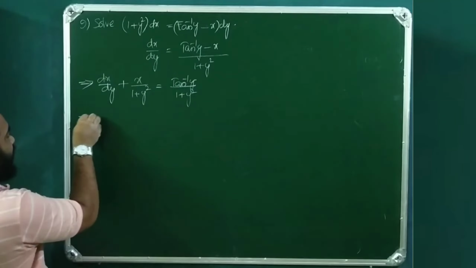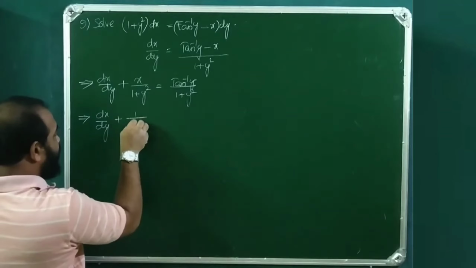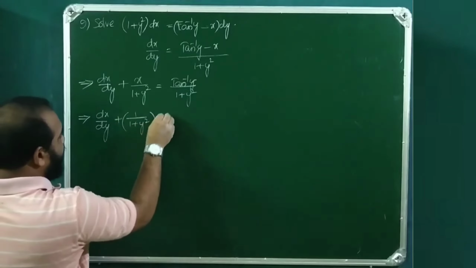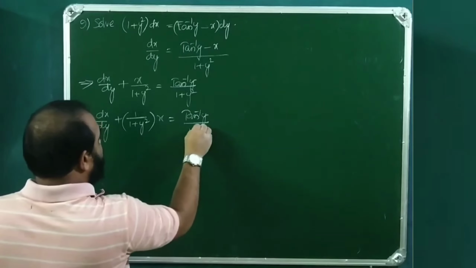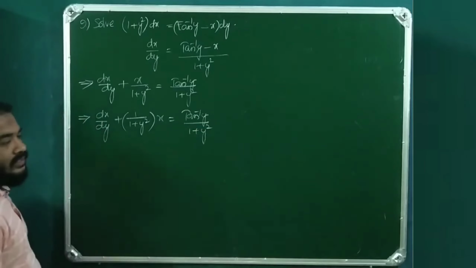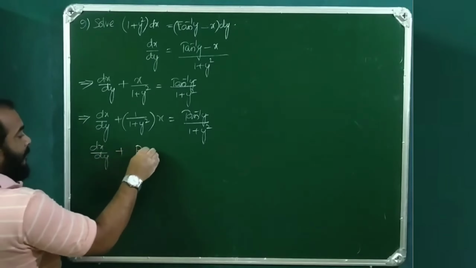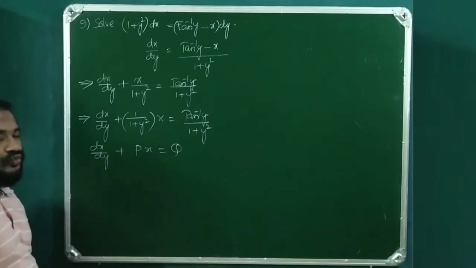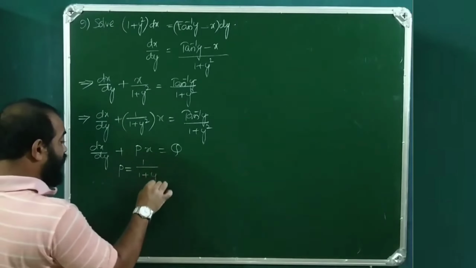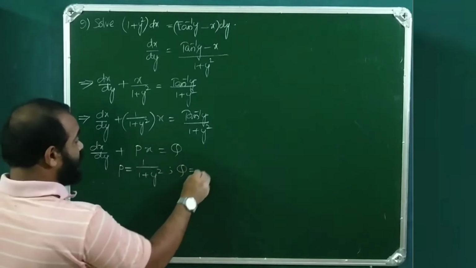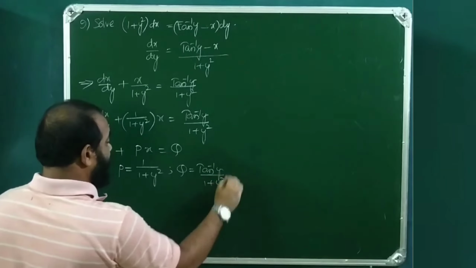This can further be written as dx by dy plus 1 by 1 plus y square into x equals tan inverse y by 1 plus y square. So this is clearly of the form dx by dy plus px equals q. This is case 2. Here p equals 1 by 1 plus y square and q equals tan inverse y by 1 plus y square.